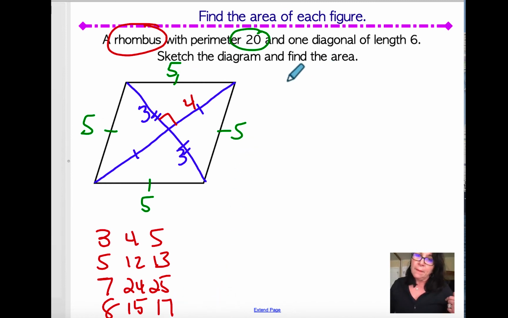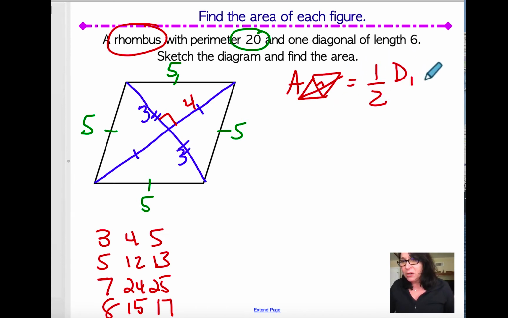And so where we're at with our area, the area of a rhombus, and I differentiate this from the other parallelograms by putting a little right angle right there, is 1/2 the length of diagonal 1 times diagonal 2. So for the area of this shape, I'm going to go 1/2 my first diagonal, which is 6.